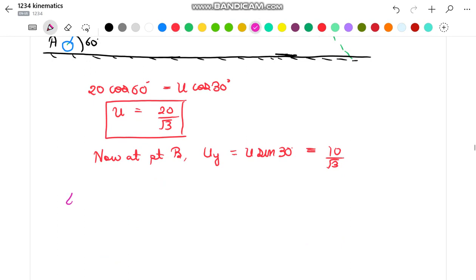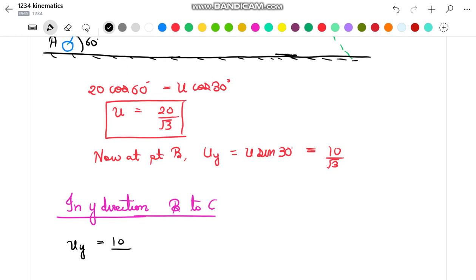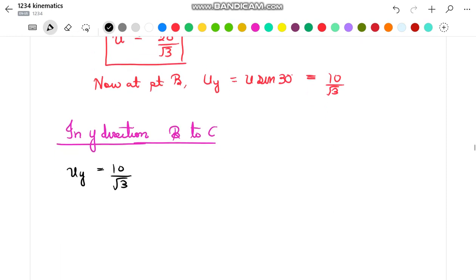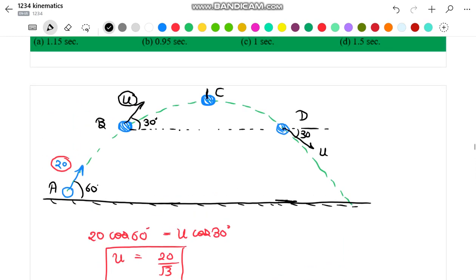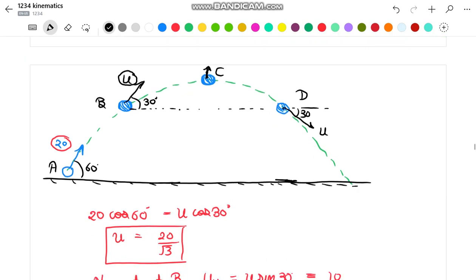So in y direction, from point B to C, we now have initial velocity in y direction to be equal to 10 by root 3. Final velocity in y direction at point C is 0, since C is the point where the projectile reaches its maximum height.